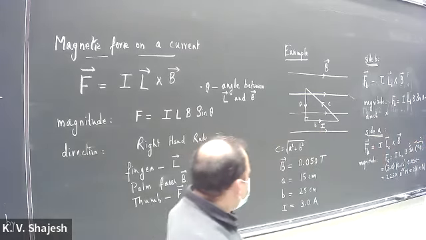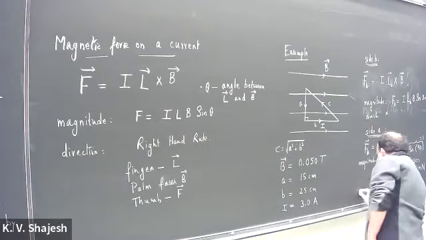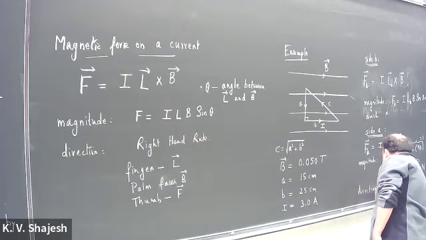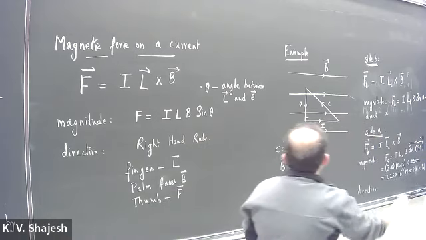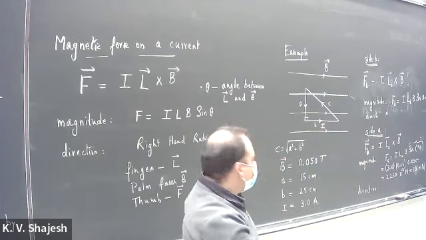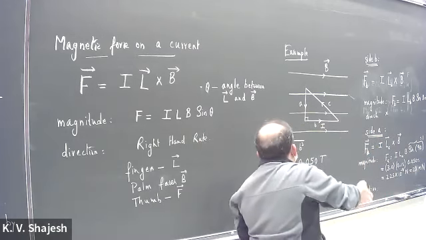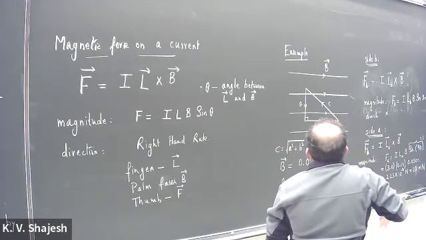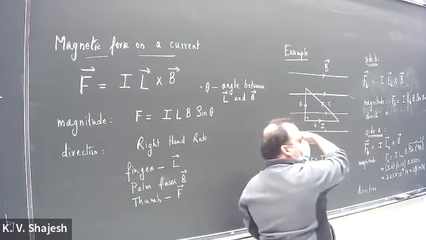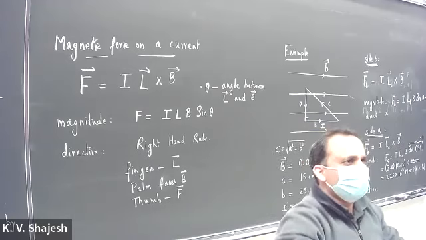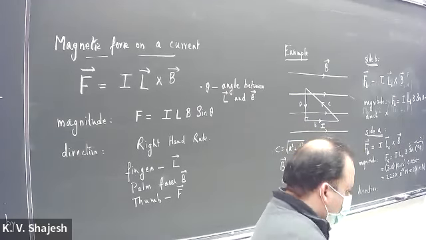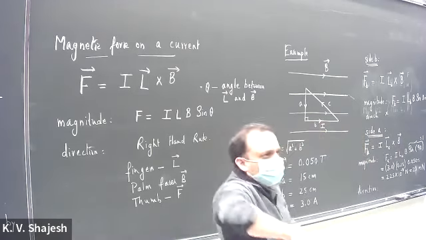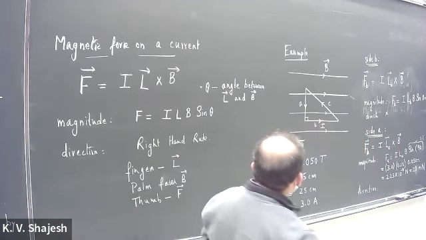What's the direction of this force? Now we have to use our right hand rule. Point the fingers in the direction of the current that's coming in, so it will be like this. I cannot move the board, but you can actually move the sheet of paper. It often helps to move the paper itself instead of doing gymnastics with your hand.